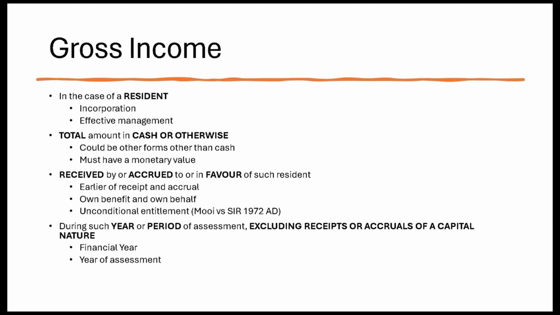Now, if you have a company that's incorporated in a foreign land, but all decision making is done in a branch within South Africa, you would have to start asking the question, where is the effective management of this company? This is where case law comes in and looks into how we decipher this relationship and determine where a resident is based.